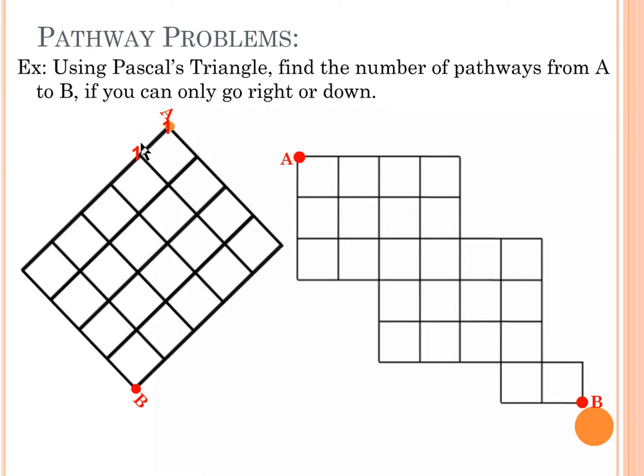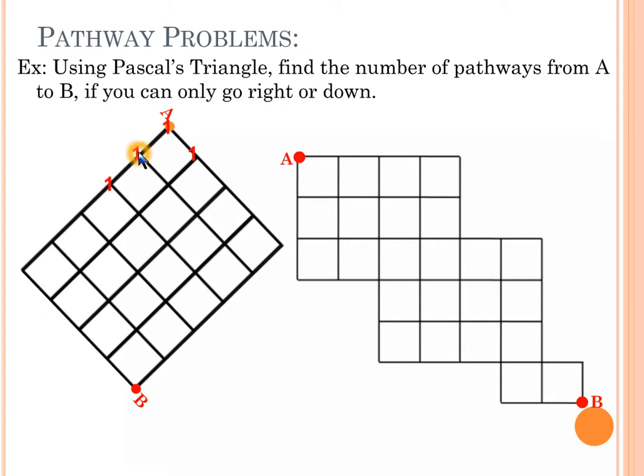Going from here to here, there's only one way as well, so that's a 1. Remember, you can only go in one direction. You have to take the least number of paths to get down to here, so there's only one way.